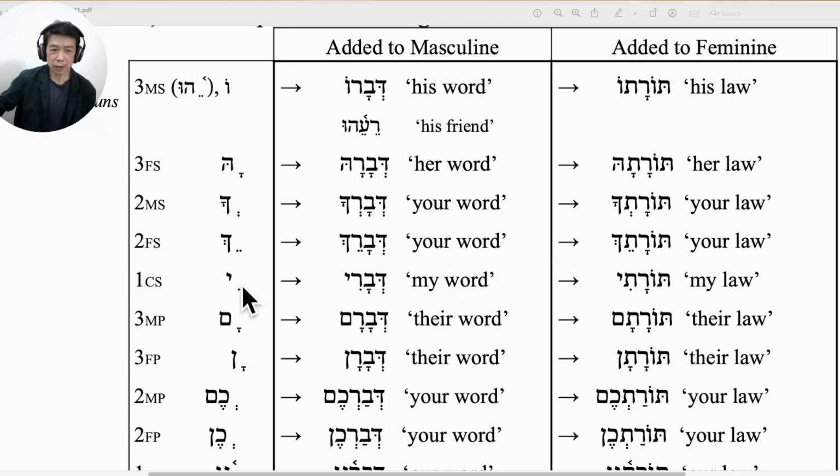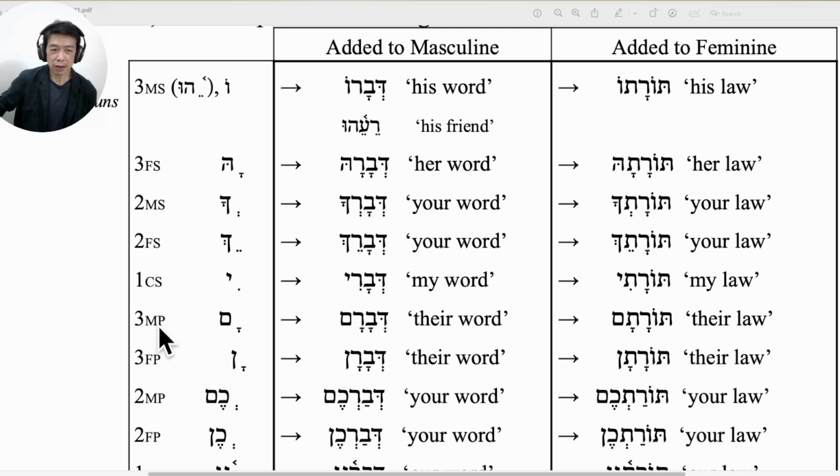For the first person common singular, meaning I, a hirik yod is added. So my word becomes Devari. For my law, it becomes Torati.